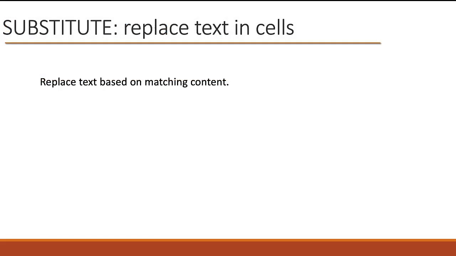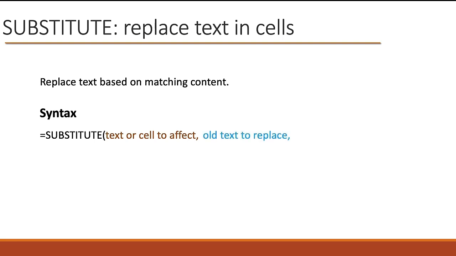So if you may remember, the substitute function replaces text based on the content that it's looking at, so the syntax is equal substitute, and then the first thing you do is you put in either the formula or text or the cell reference you're looking to work on, and then simply what's the old text that you're replacing and what's the new text you're replacing with.